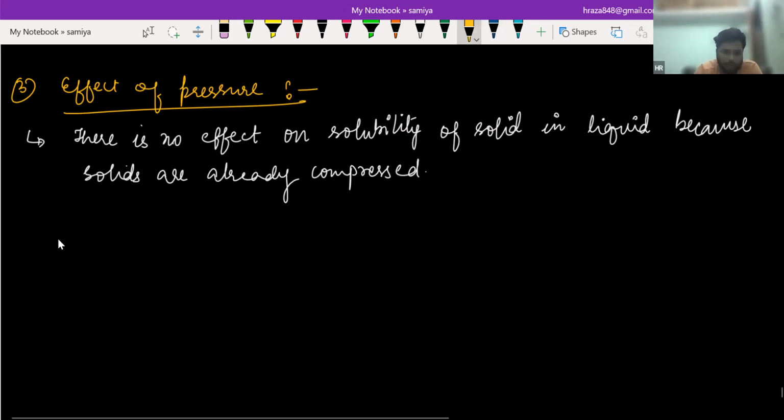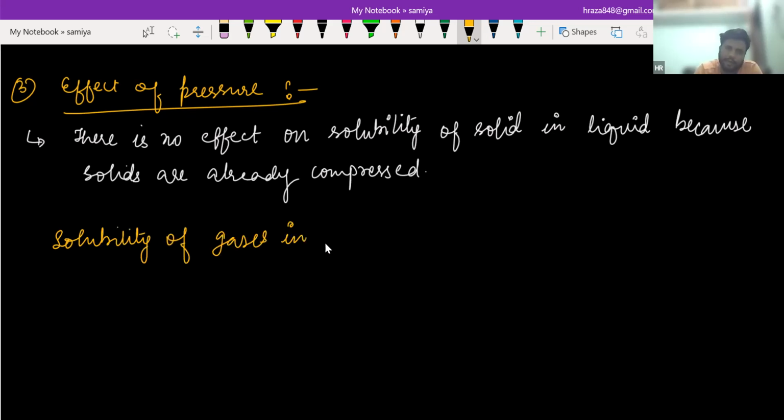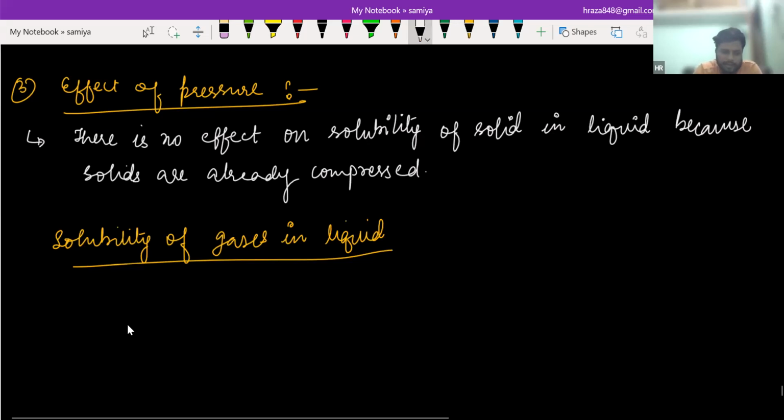But when we talk about gas, solubility of gases in liquid depends upon the nature of gas.